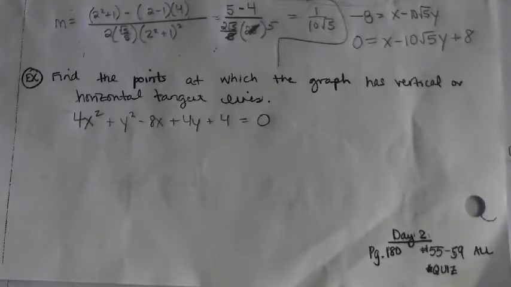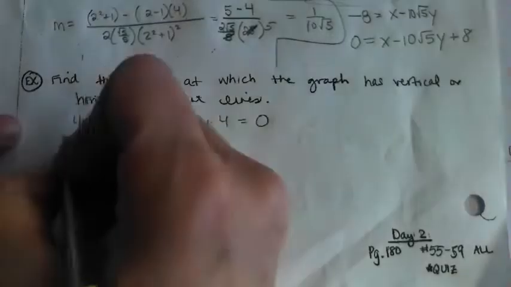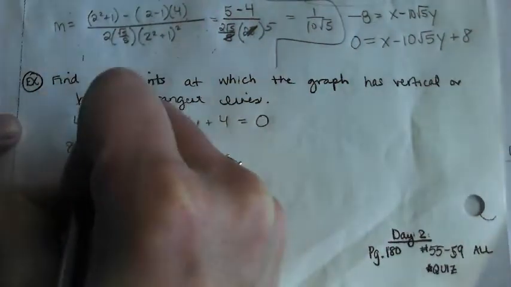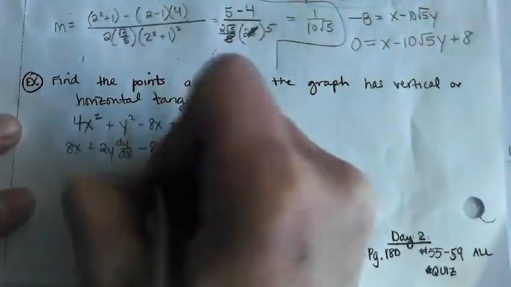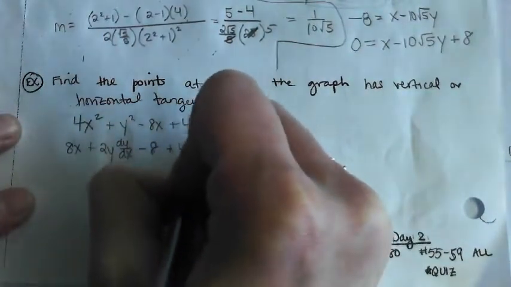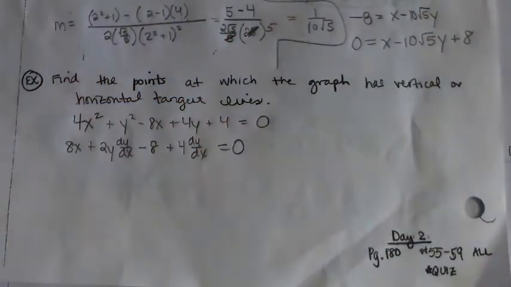So our slope needs to equal what? 0 to make the horizontal tangent line, or undefined to make the vertical tangent line. Correct. So we're going to first find the derivative. 8x plus 2y dy dx minus 8 plus 4 dy dx equals 0.